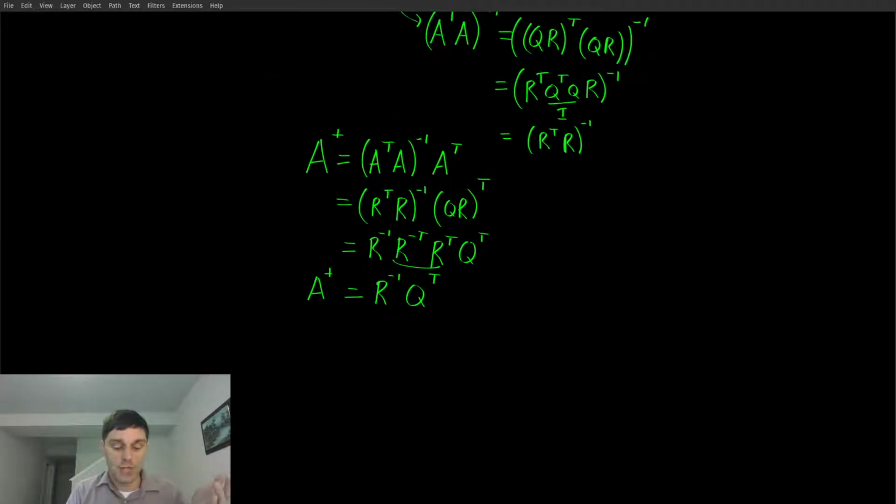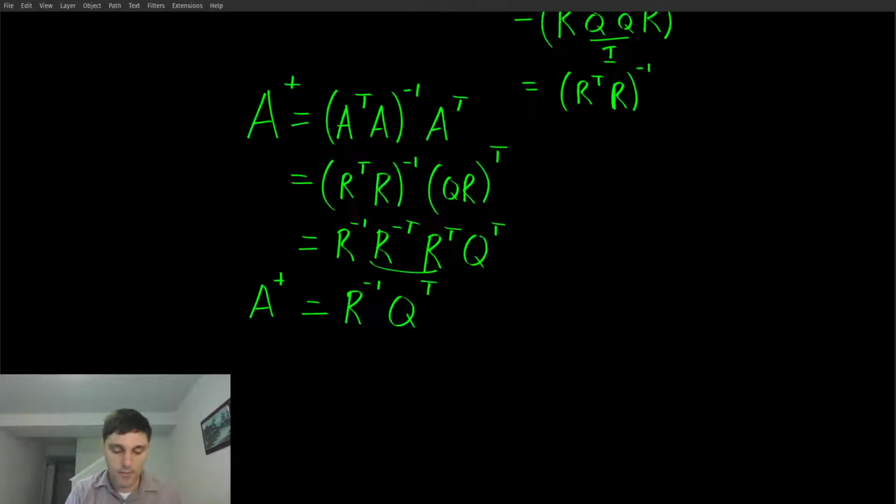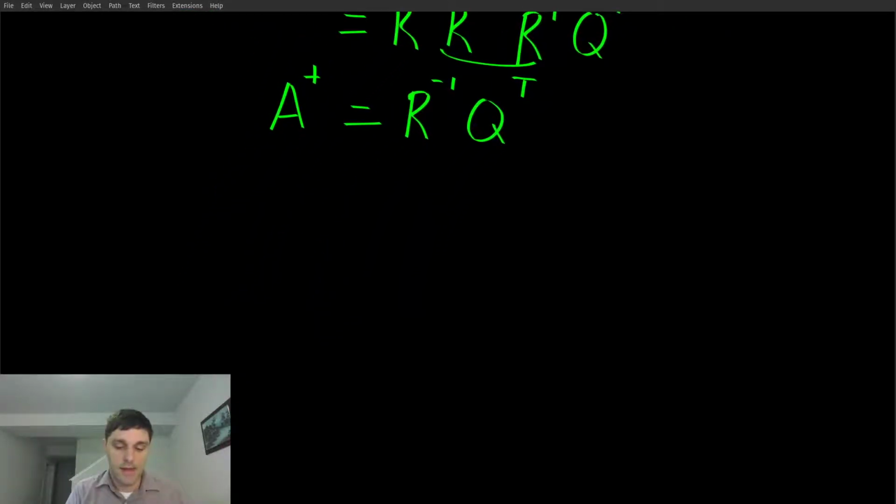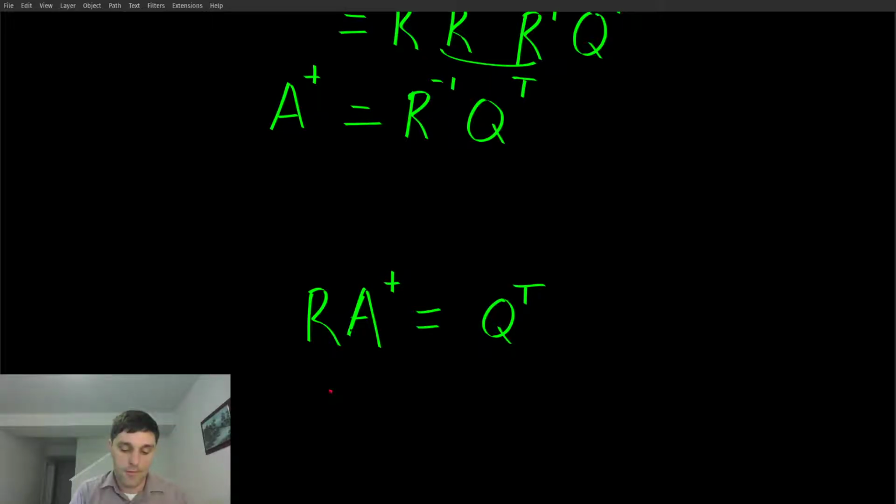And if you want to build the pseudo-inverse, you can do that just the way we talked about building the inverse before. We have R A pseudo-inverse is equal to Q transpose, and therefore for each column A i, R A i is going to give you some column of Q transpose.